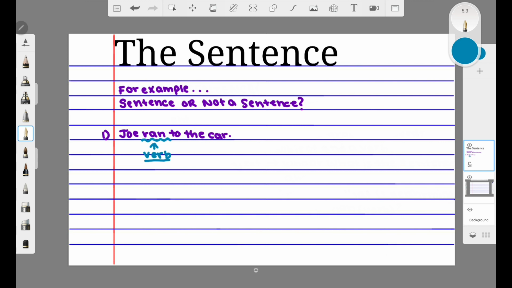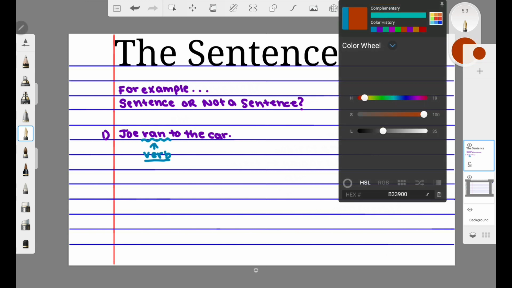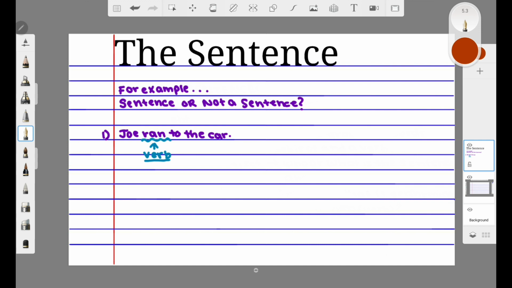Alright, so we have a verb, but we also need a subject. Let's identify a potential subject, if there's any. We talked about how a subject tells what or who is performing that verb. So who is running? Joe is running.